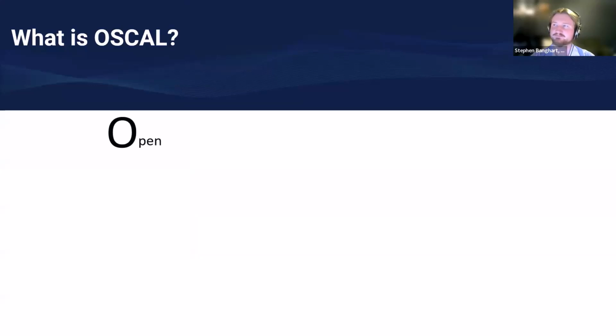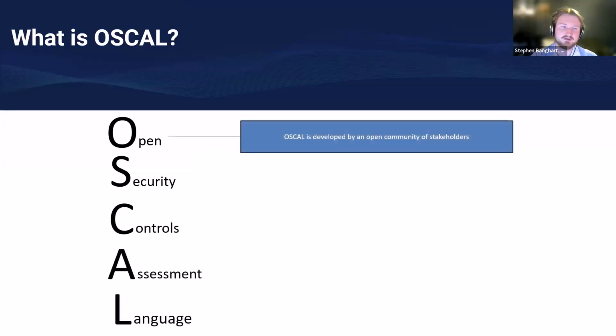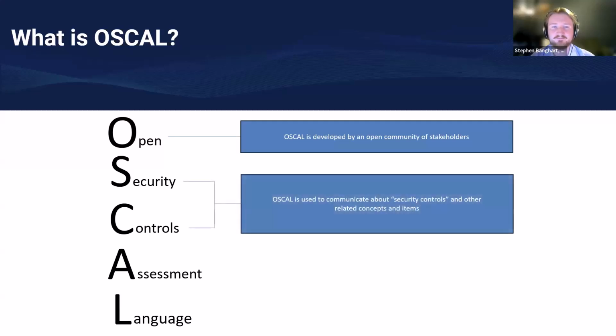As a refresher of our acronym here, OSCAL stands for the Open Security Controls Assessment Language. And when I say this, I mean each of these letters stands for something that we believe is core to the OSCAL Foundation. O, open, is always developed by open communities of stakeholders. That's true for the standard itself, and that's true for the OSCAL Foundation.